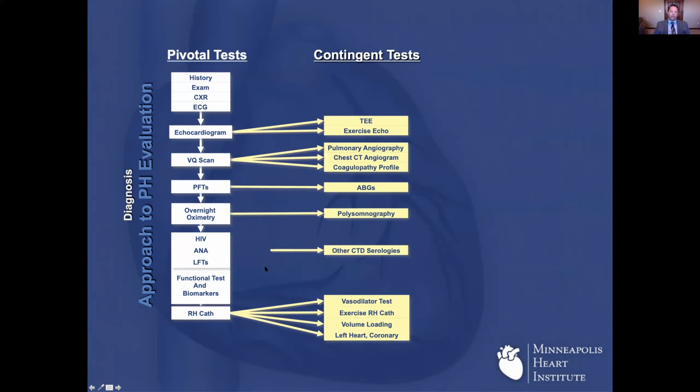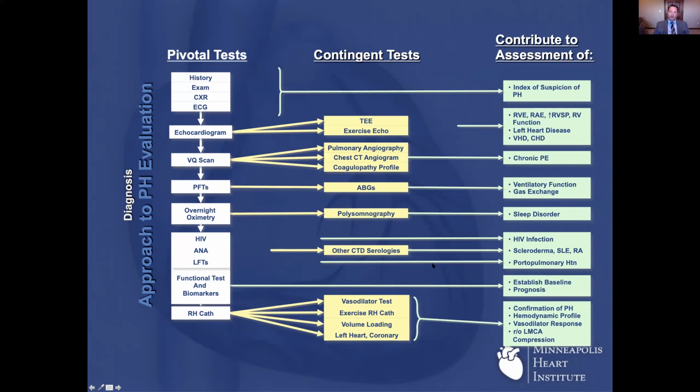And these often lead to contingency tests to help with determining the best course of action in terms of what's causing the PH and also what's going to be most effective in treating it. And with these tests, we can then go on to develop a treatment plan.